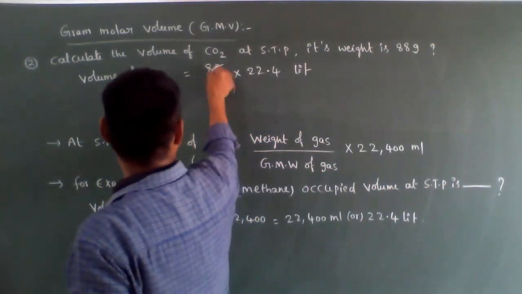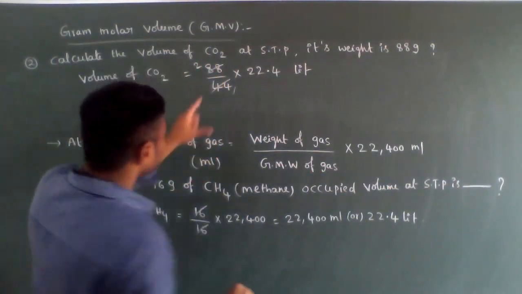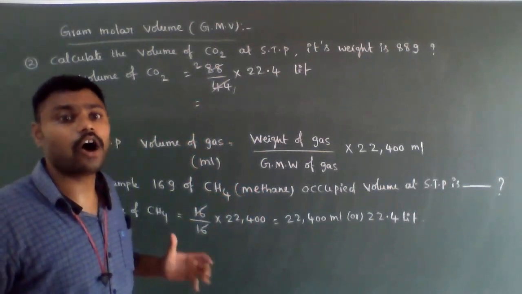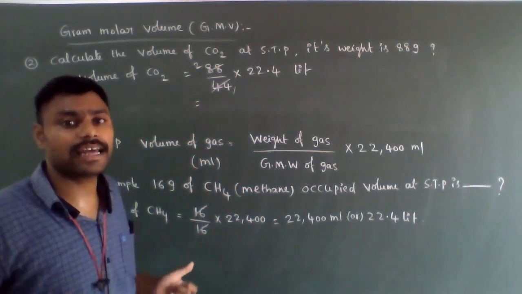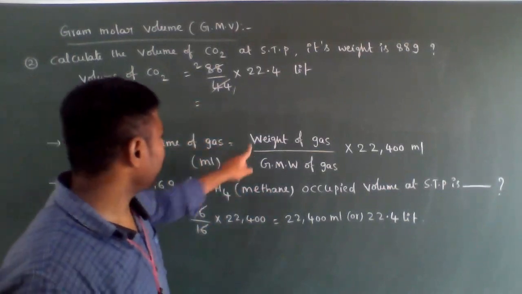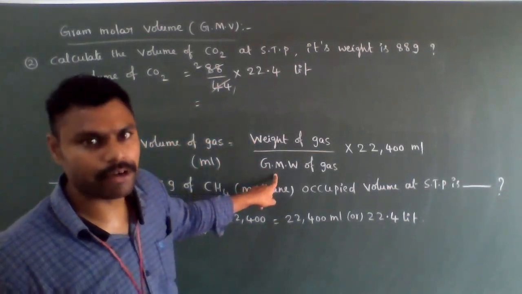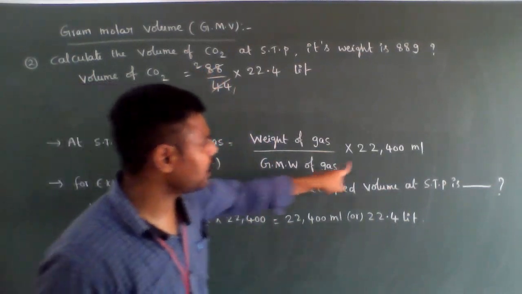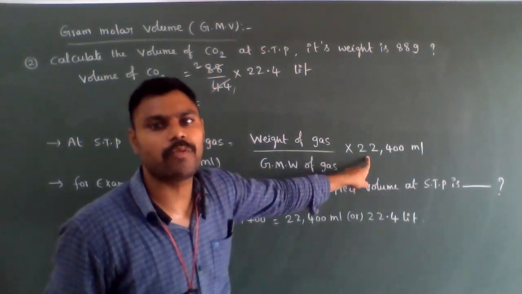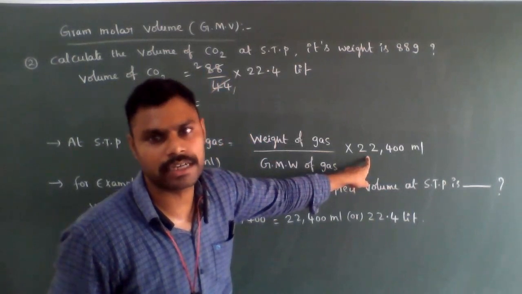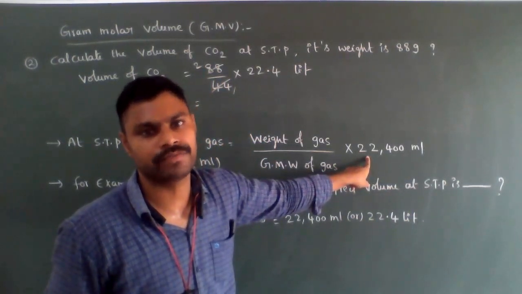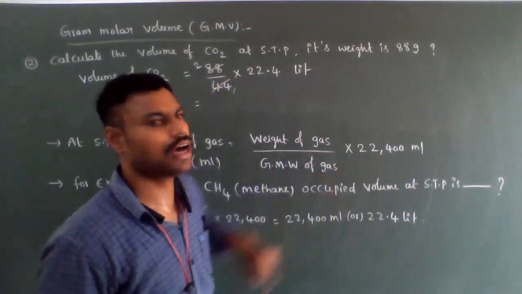Now it cancels 2 times, meaning 88 grams of CO2 is how many gram molecular weights? Weight by gram molecular weight gives the number of gram molecular weights. That is 2. Generally, 1 gram molecular weight occupies a volume of 22.4 liters or 22,400 ml, also called gram molar volume.